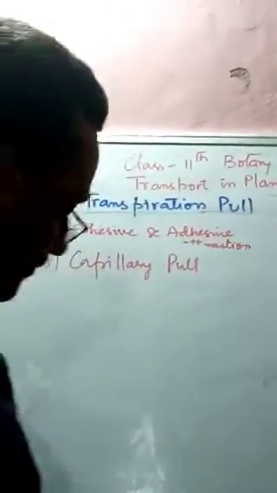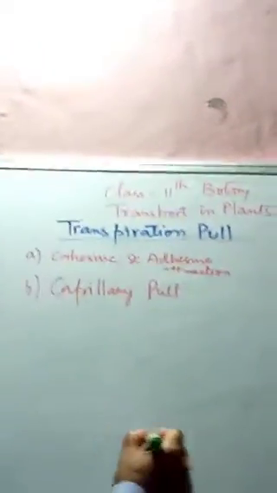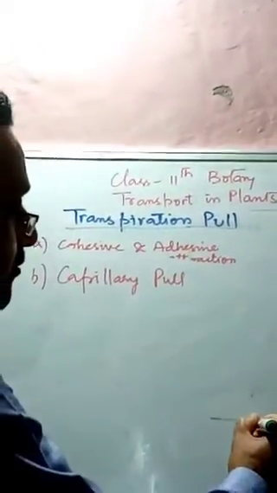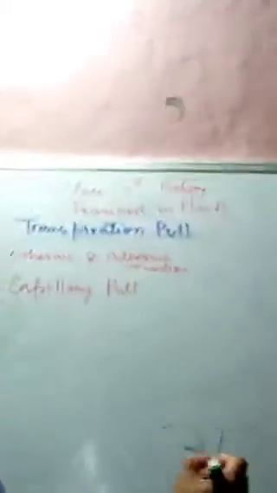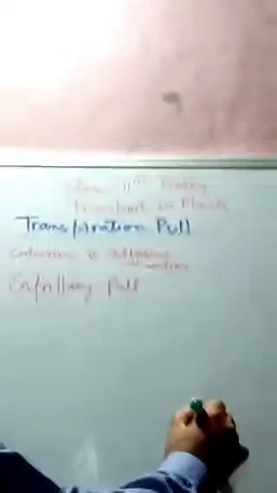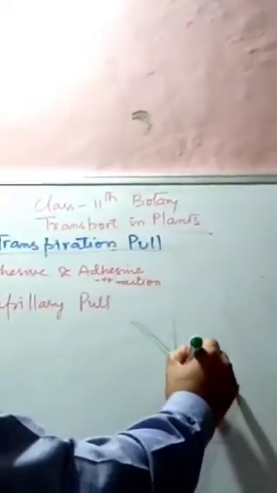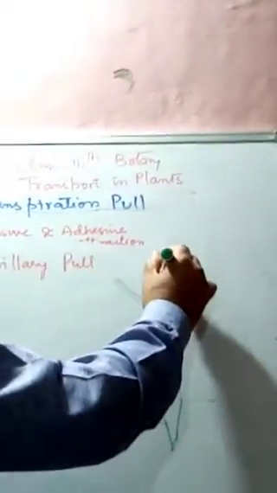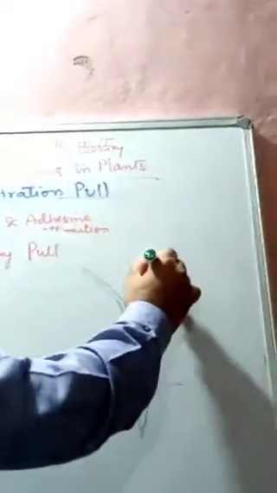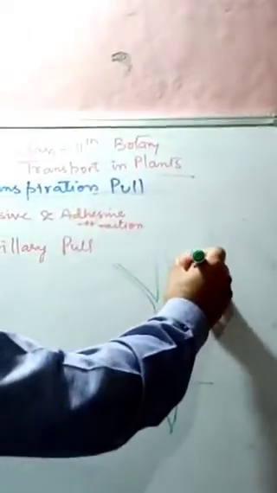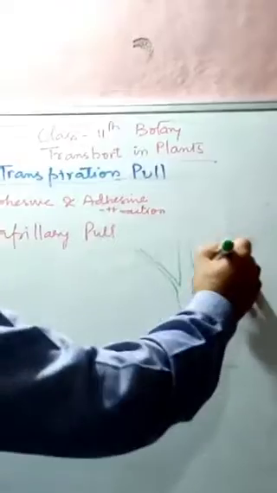Now one more diagram. This is the root here, and these are the branches. Let us say it is the leaf.